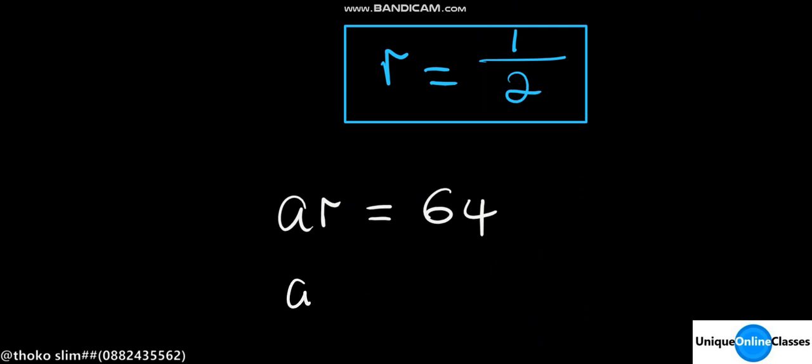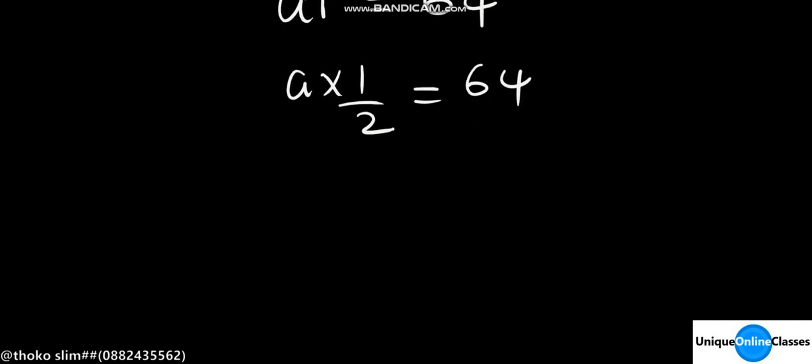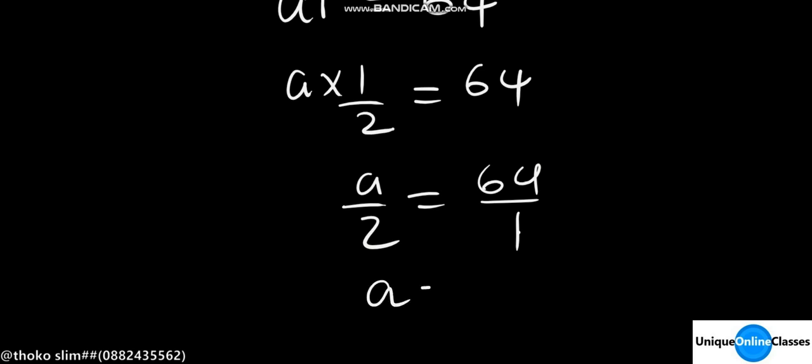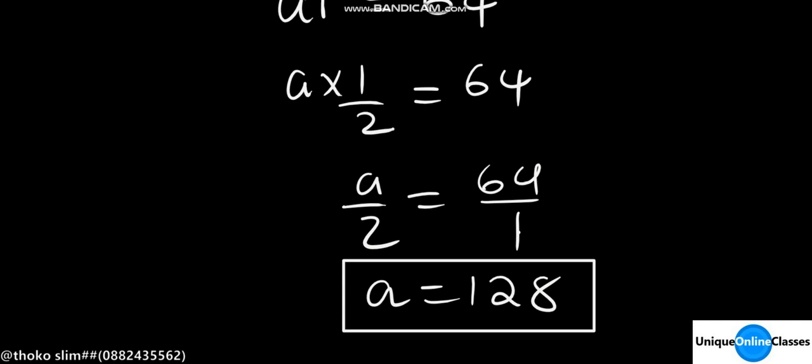So we have A times 1/2 is equal to 64. To make it simpler, A/2 is equal to 64. After cross multiplication, A is equal to 128. So we are done with that one. A is 128.